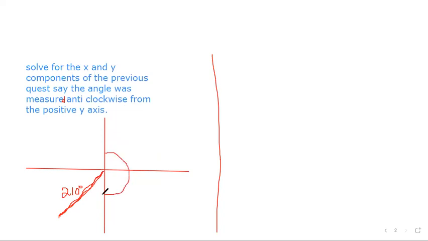So if we measure counterclockwise, this is clockwise. Clockwise is this way, then this is counterclockwise. It's going to be in the fourth quadrant. When we go this way, this is counterclockwise.